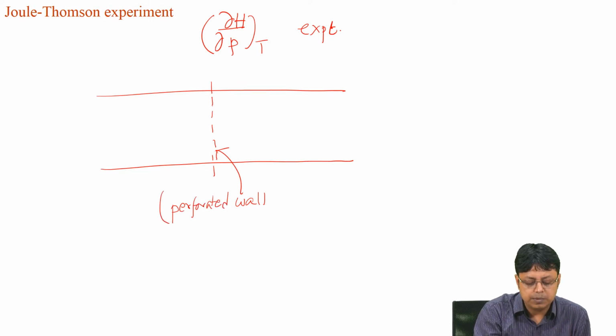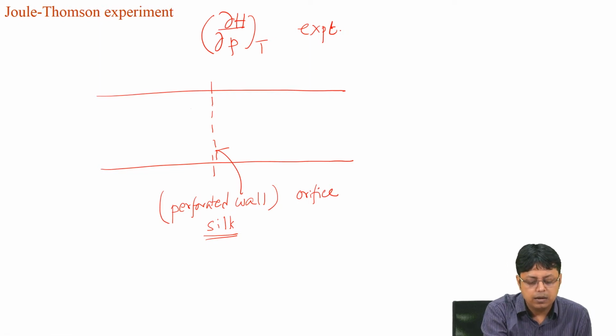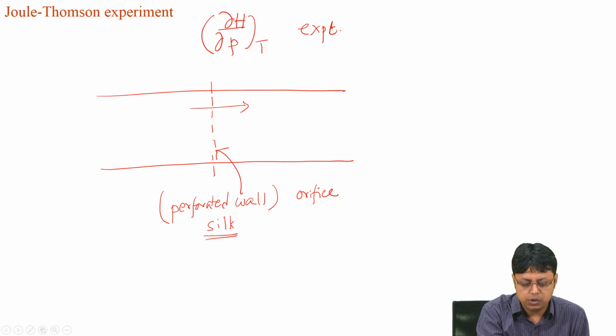In the original experiment, they took a wall made up of silk. So, it is a fine orifice or sieve kind of wall where the gas can pass through.